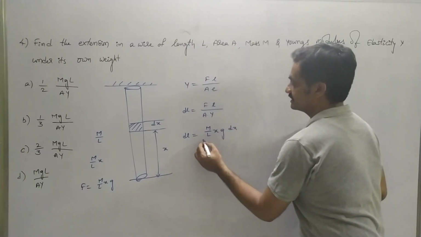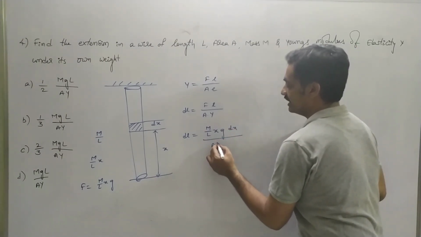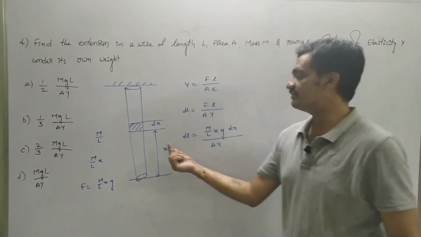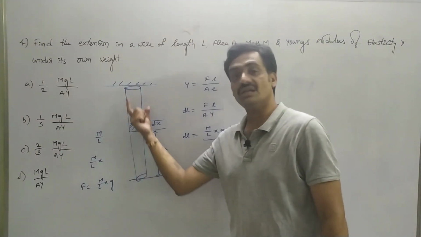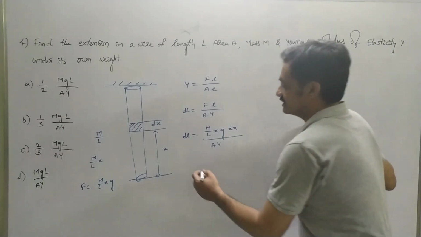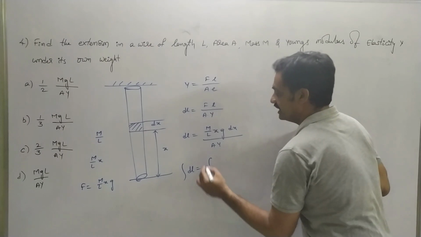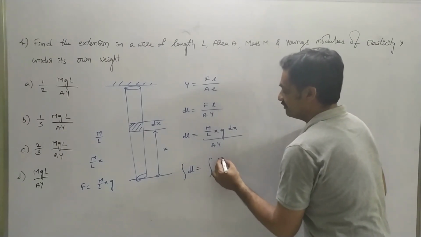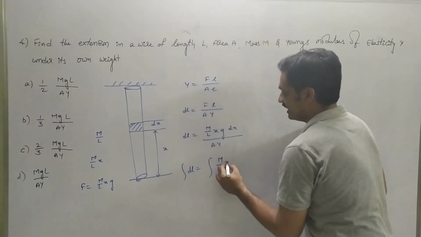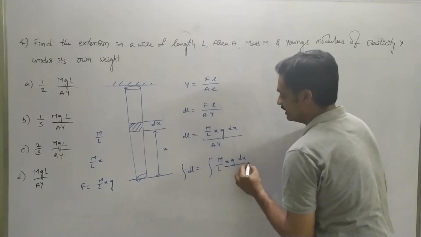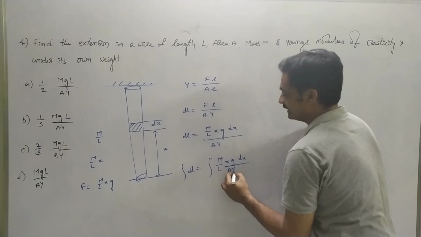Then dx by AY. Now we are going to integrate this equation in order to find the extension of the total wire. For this, observe that the integration of dl is equal to the integration of (M/L)·xg dx by AY.